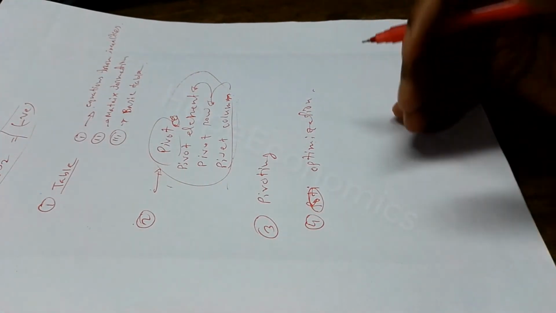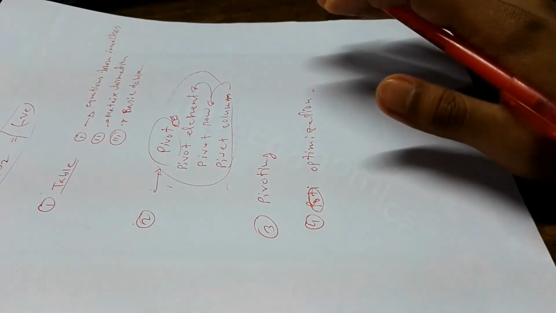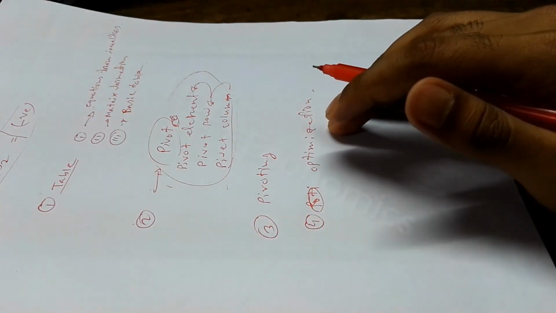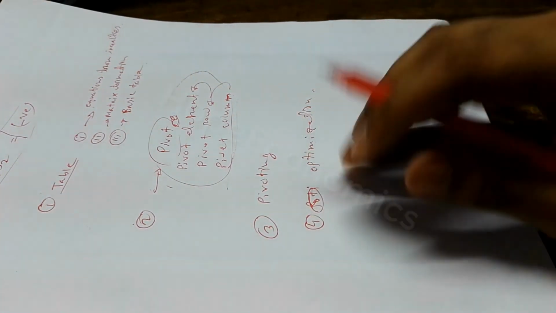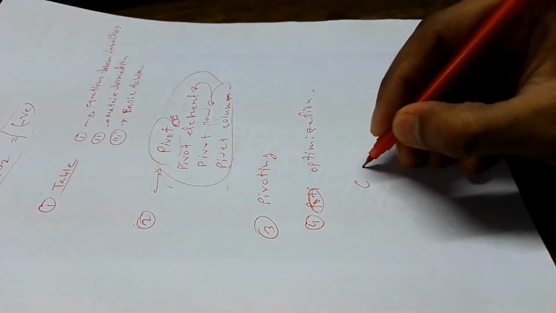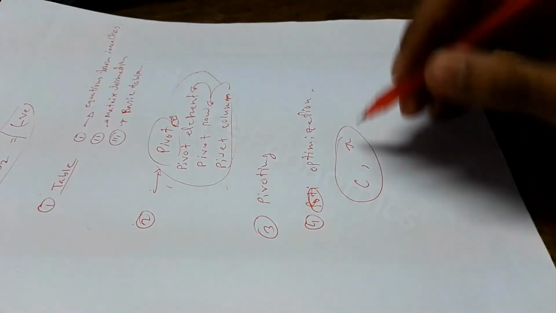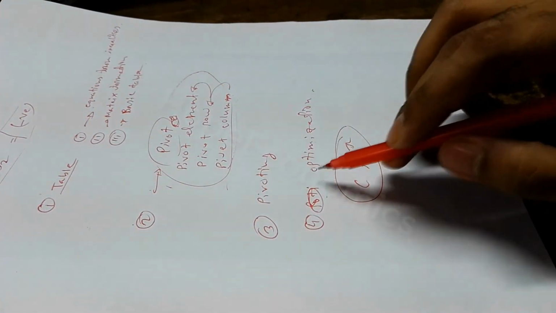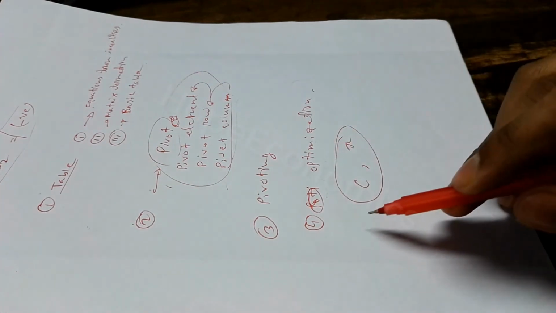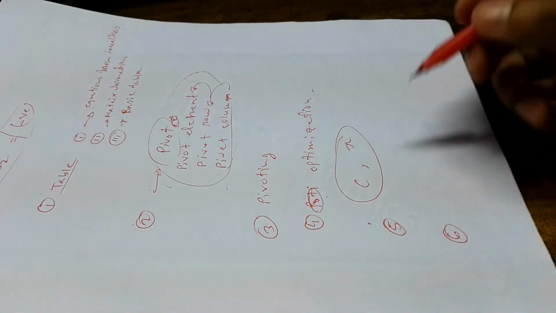As I described earlier, the simplex algorithm is a continuous process until you find the optimization, until you find the extreme value of cost or profit. So the optimization could be your 5th step or 6th step. We don't know.